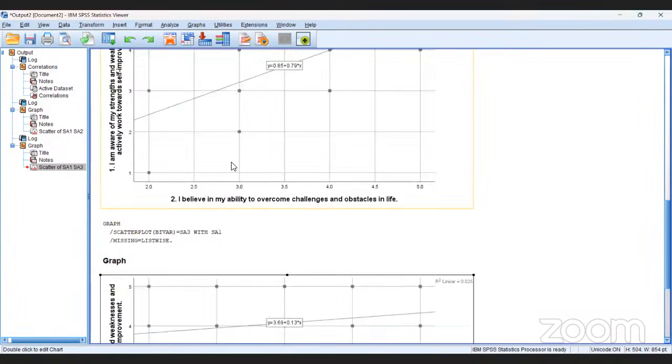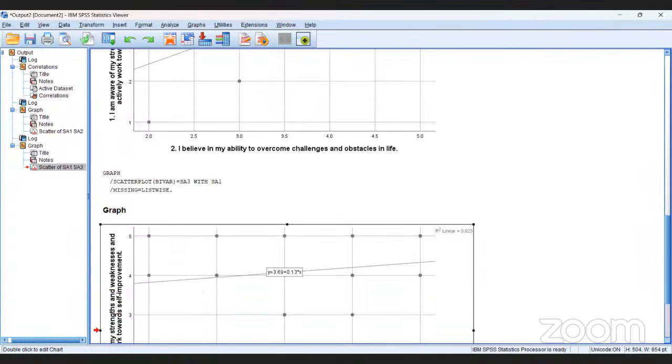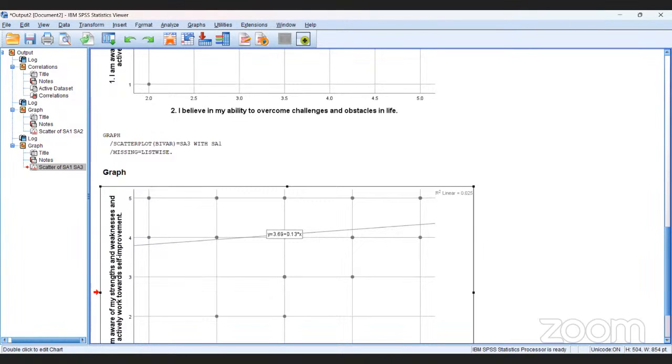Now here you can see the slope pattern, and here you can see the slope pattern. It is almost a straight line. And the R square value here is 0.02.